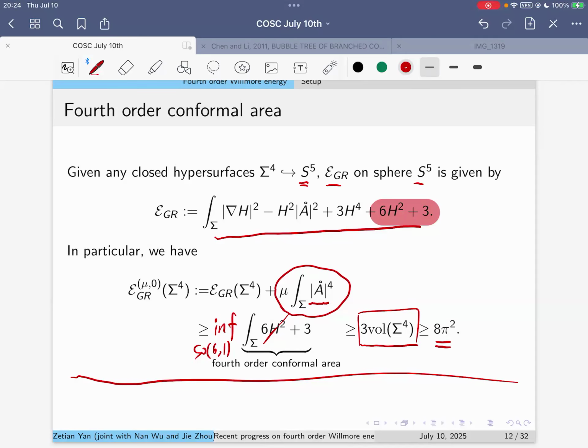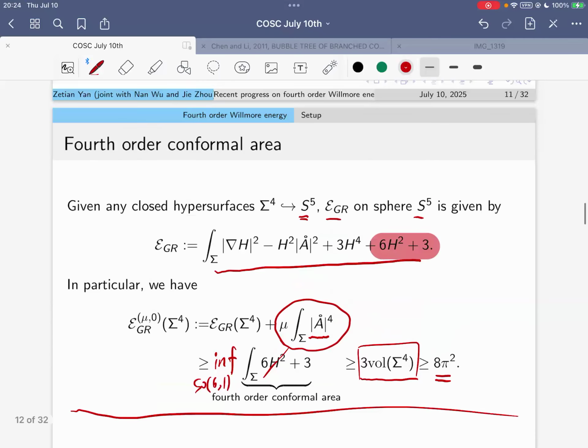Okay, let me say it in this way. Under the dilation, for the Reilly-type energy, the volume here is of order 4, okay? And for the integrand, if I add a tilde, like this, it will be 4.